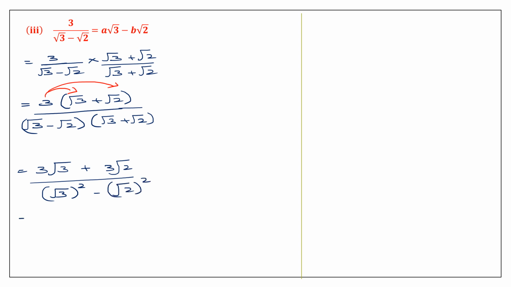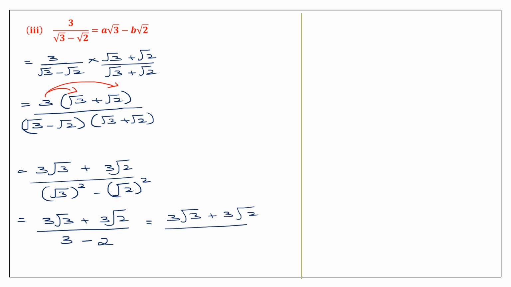So in the numerator, we still have 3 root 3 plus 3 root 2. And here what do we have? Root 3 into root 3 making it 3 minus root 2 into root 2 is 2. So 3 minus 2. So this is equal to 3 root 3 plus 3 root 2 divided by 3 minus 2 is 1.